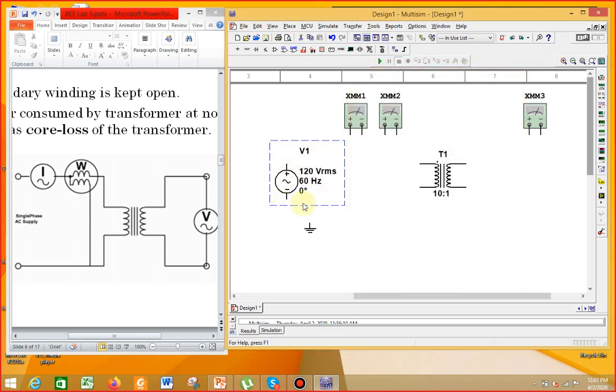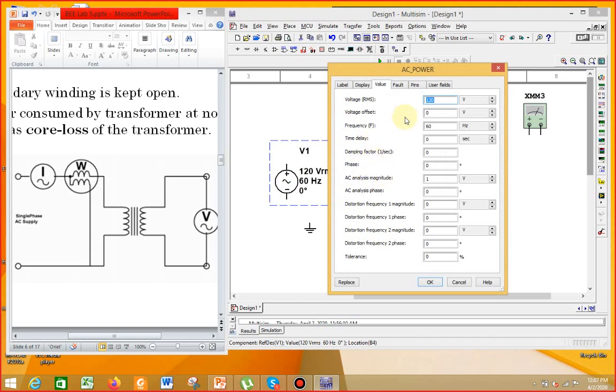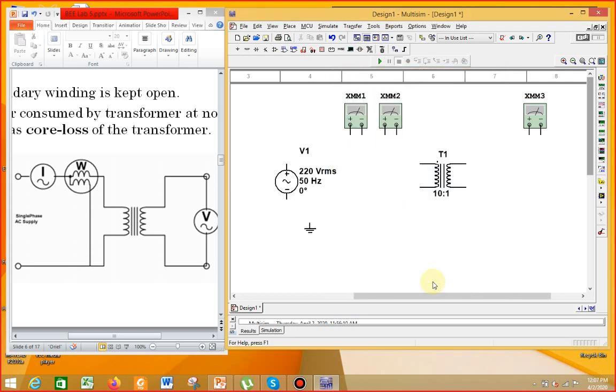I will repeat it. Double click on the power supply and change the voltage to 220. Then click on frequency and change it to 50 Hertz. Click on OK.